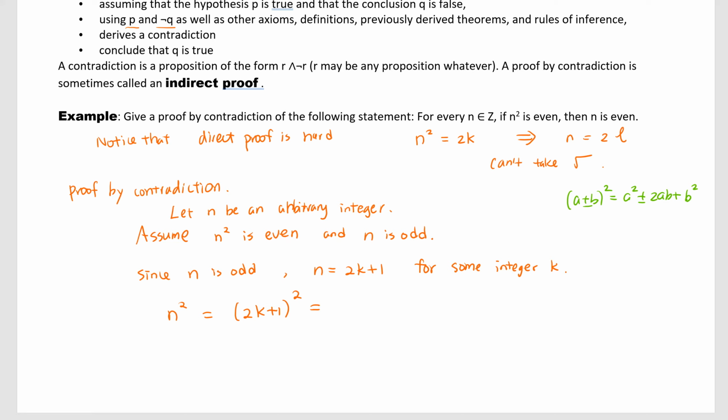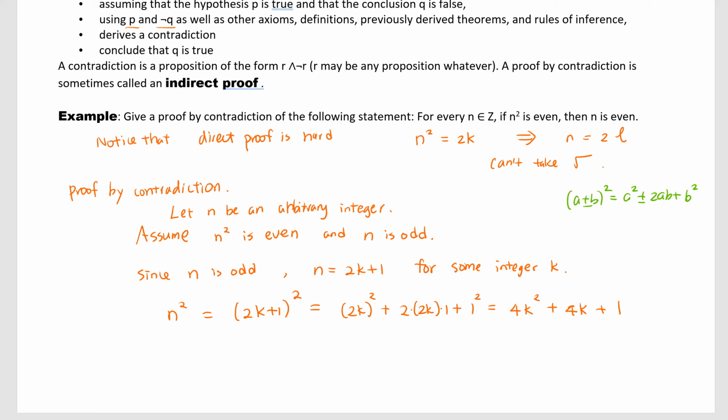In our case, we have (2k) squared plus 2 times 2k times 1 plus 1 squared. (2k) squared is 2 squared k squared, so it's 4k squared. And 2 times 2k is 4k, plus 1.